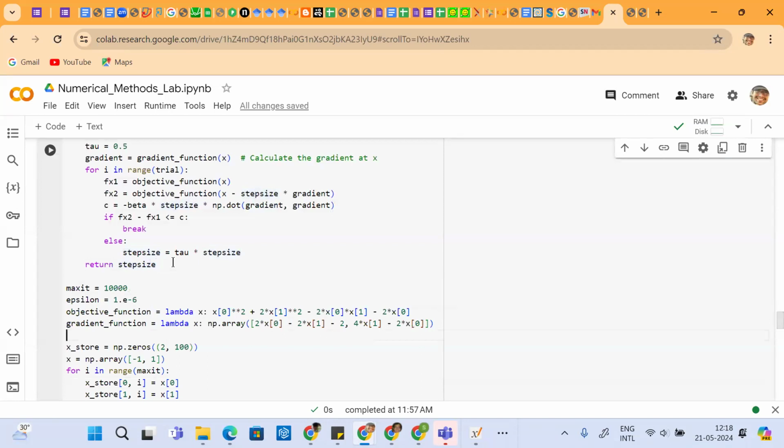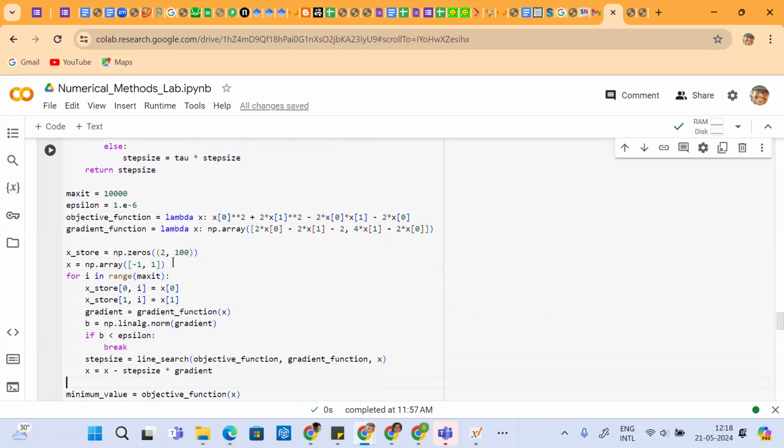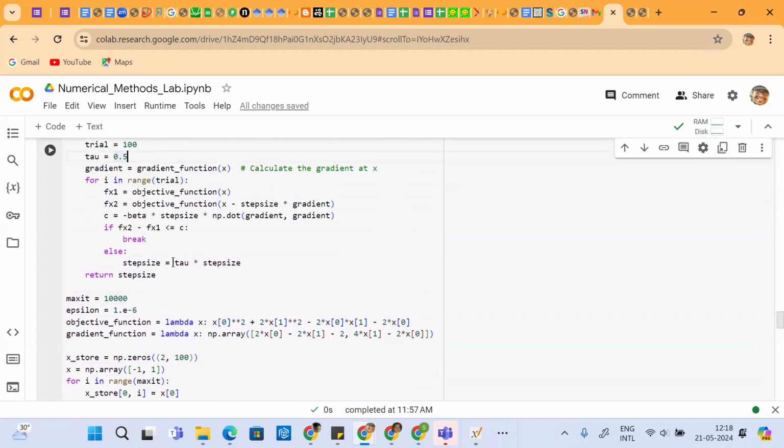Whatever else is there is from the previous code, isn't it? All we are checking, whether the norm is less than epsilon, everything is from the previous code. The only new thing we added is the Armijo condition.